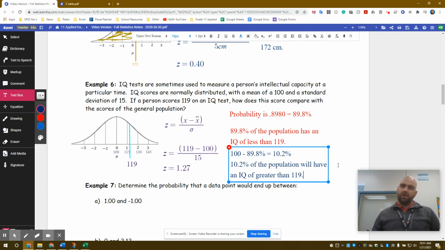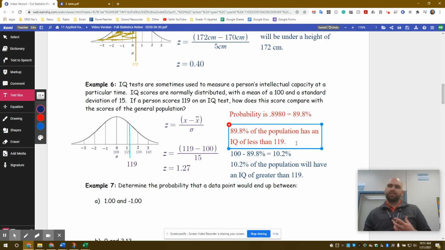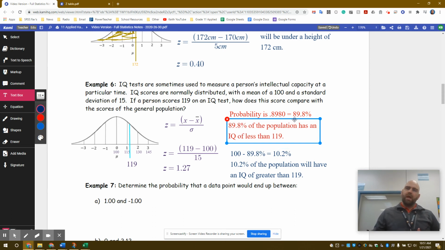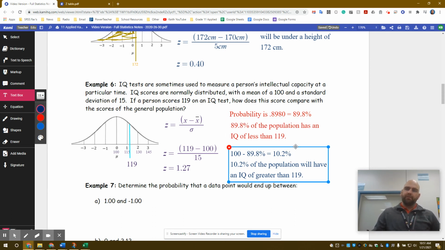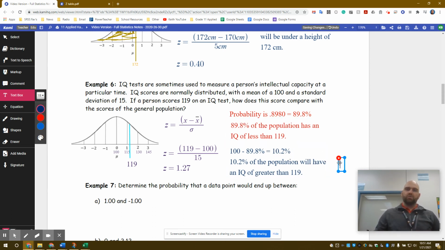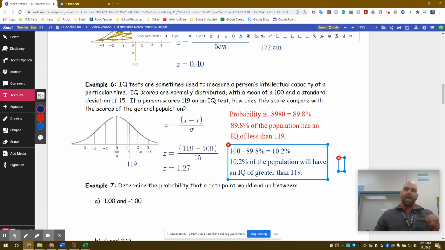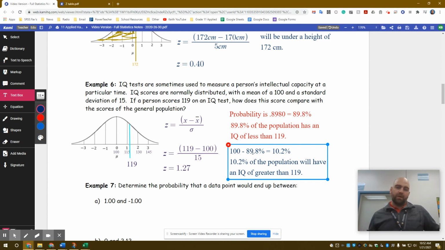So it compares where they are based on what percent is below and what percent is above that IQ. We just subtract the percentage from 100, and we come up with our answer.